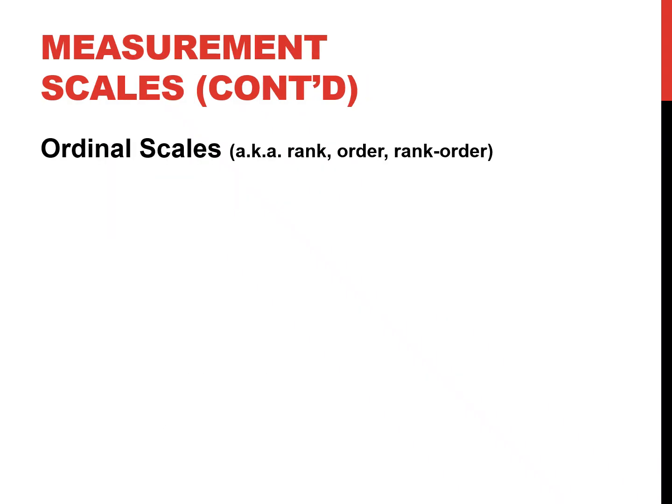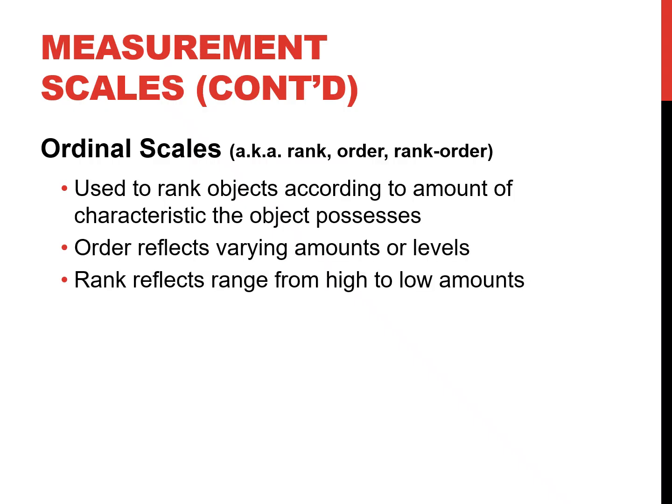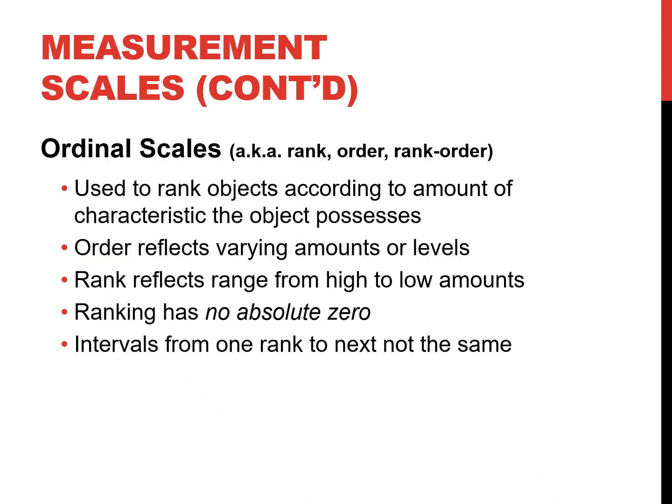Ordinal scales. Here there is an order implied, and it is used to rank objects according to the amount that they possess. It reflects levels, ranging from high amounts to low amounts, or low to high. Ranking has no absolute zero, and the intervals from one rank to the next are not the same.